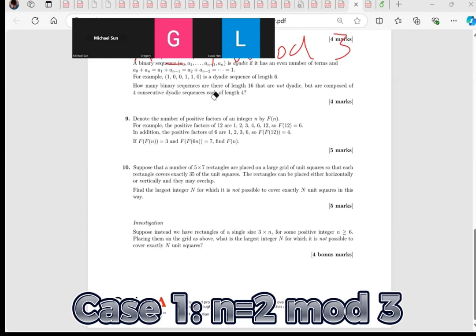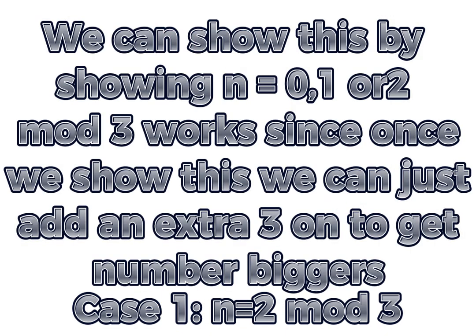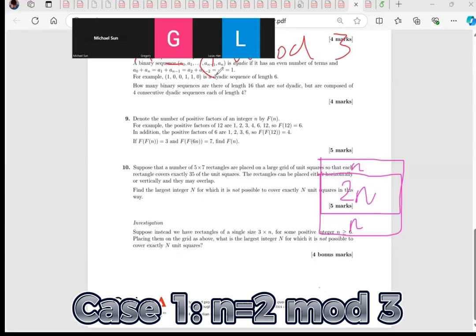First, I'll prove anything bigger than 4n minus 1 is possible when n is 1 mod 3. Because 4 times 2 mod 3 is 2 mod 3, and 2 mod 3 plus 1 is 0 mod 3, so we can also get 4n plus 1.